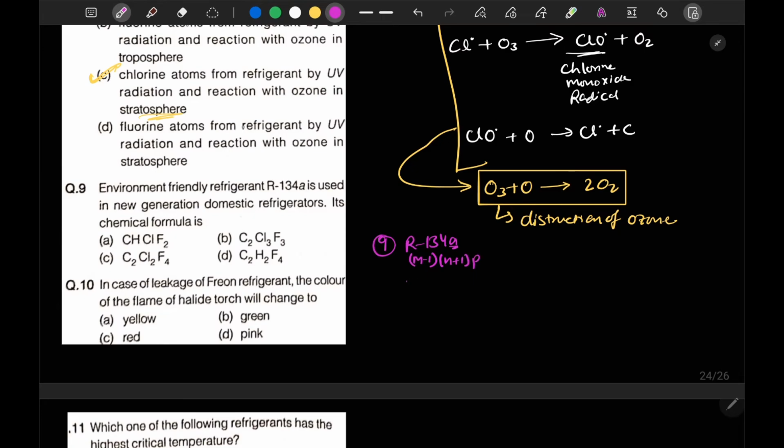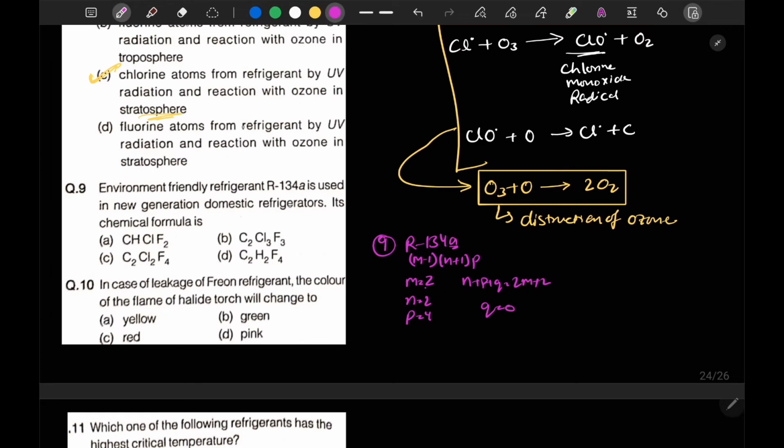So from here we get m is equal to 1, n is equal to 2 and p is equal to, m should be 2. Okay, m is 2, n is 2 and p is 4. If we use our equation n plus p plus q is equal to 2m plus 2, we can find value of q. 2m plus 2 is 4 plus 2, 6, we get q is equal to 0.